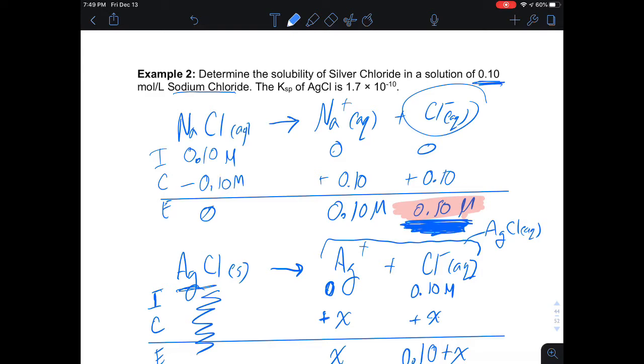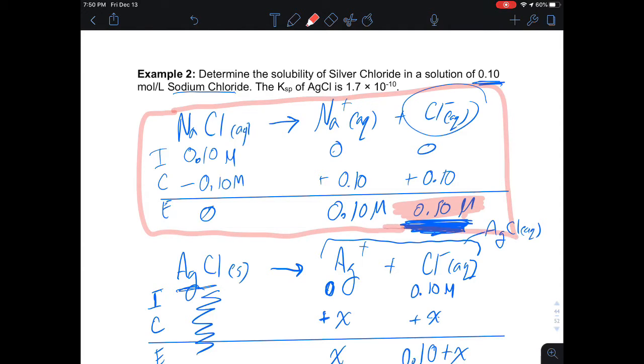So in example 2, suddenly we have added some sodium chloride. I've used an ice table just to be in the same vein as what we've done before. Here we have something that does have a very high solubility. So the sodium chloride essentially dissolves, and notice it's not an equilibrium here. It's a one-directional arrow, because we know from our solubility rules that anything with a group 1 metal or most halide compounds are incredibly soluble.